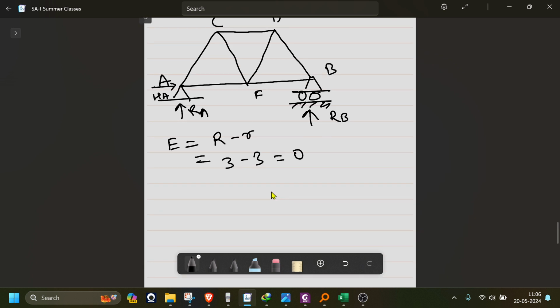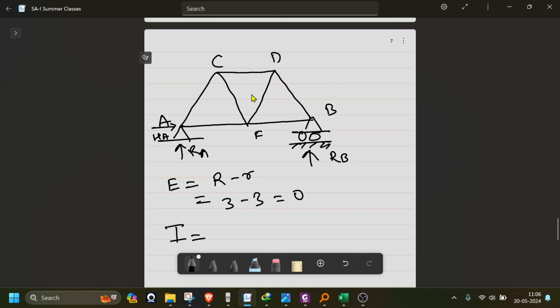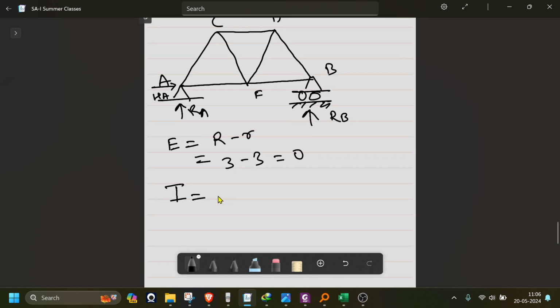And what about the internal indeterminacy for a truss? Now remember, for a truss it will be different. So it is m plus r minus 2j.